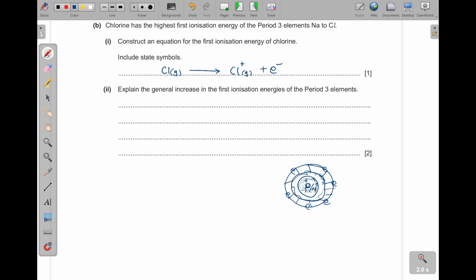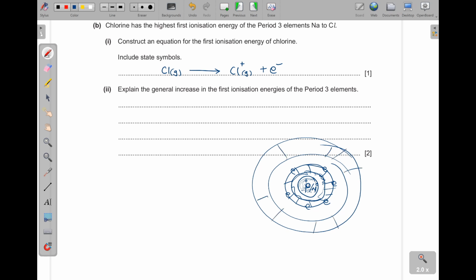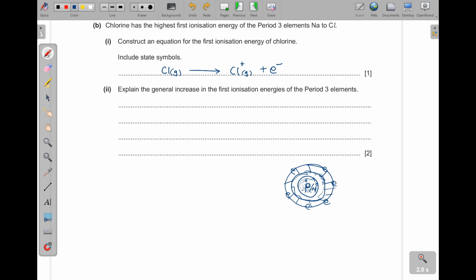Okay, so it is similar all throughout. But if you are adding shells, the shielding always increases because each shell that you are adding is repelling the electrons on the outermost shell. Does that make sense? Okay, so since the shielding is similar all through, then there is going to be a greater attraction of the nucleus for the outer electrons.